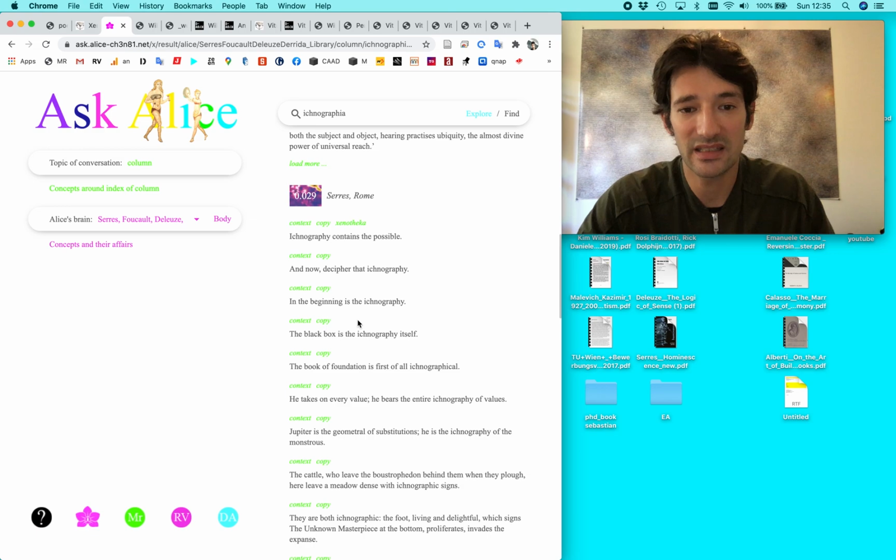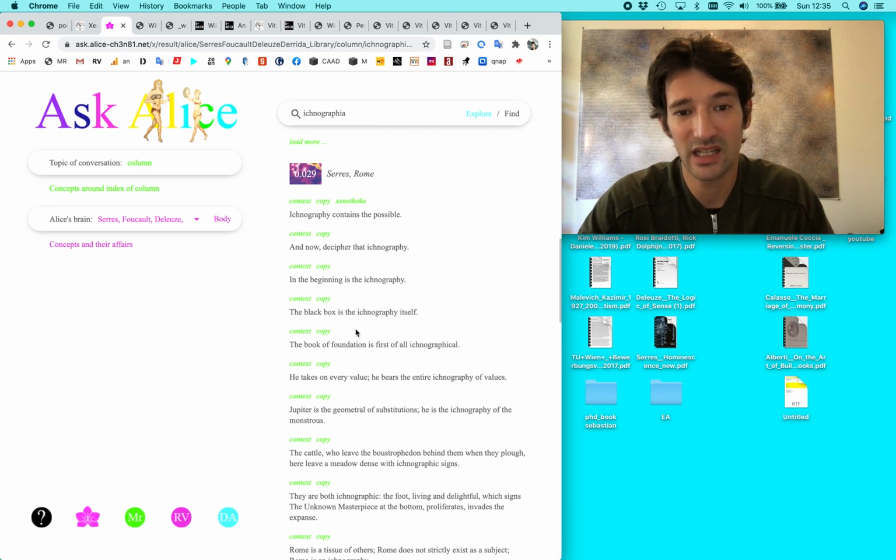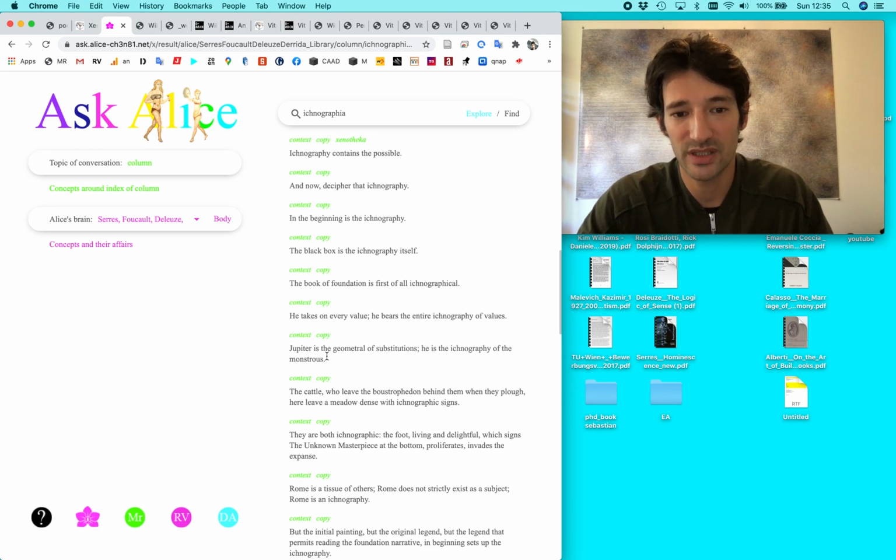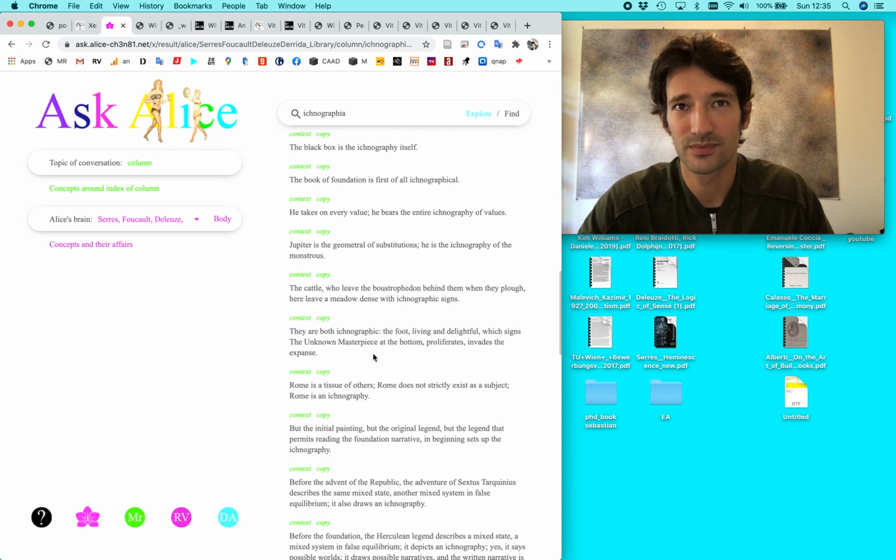In the beginning is the iconography, the black box is the iconography itself. The book of foundation is the first of all iconographical. He takes on every value, he bears the entire iconography of values. Jupiter is the geometral of substitutions. He is the iconography of the monstrous, and so on.